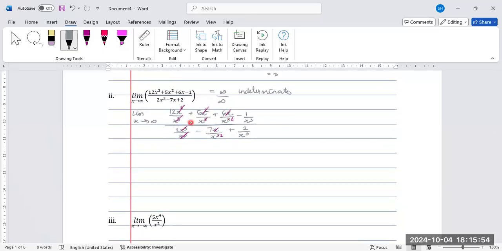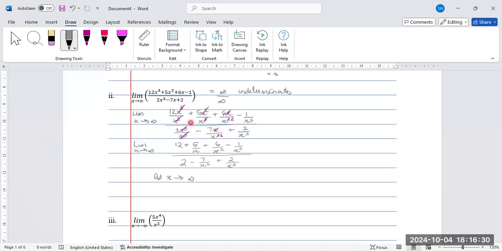So I now have the limit as x tends to infinity of 12 plus 5 over x plus 6 over x squared minus 1 over x cubed, all over 2 minus 7 over x squared plus 2 over x cubed, as x tends to infinity.